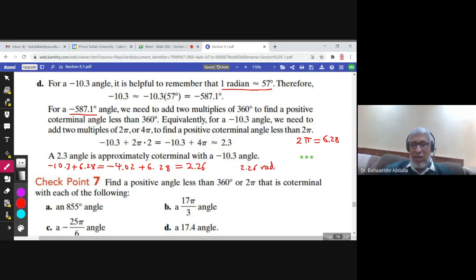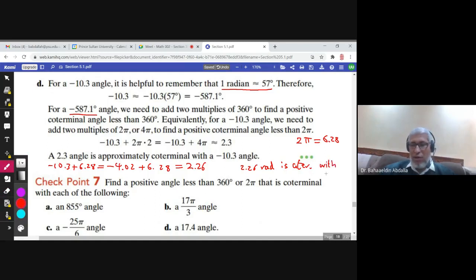So you can say that 2.26 radians is coterminal with the required angle, negative 10.3.